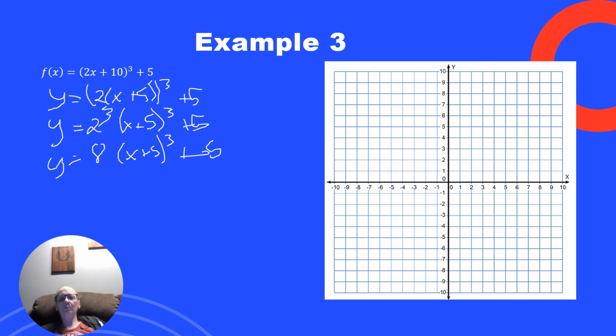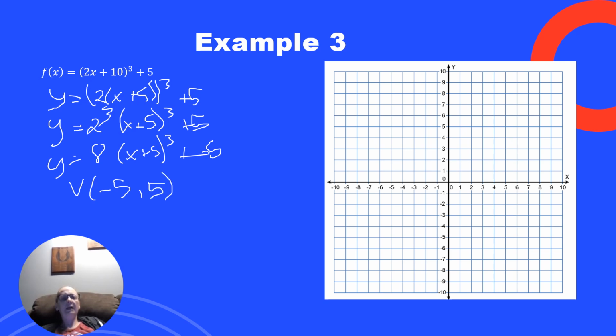All right, but it's a normal graph, so that means it goes up to the right and down to the left. So we're going to start by finding a vertex, as we always do. Our vertex is what makes the inside of the parentheses 0, which is negative 5. And then outside the parentheses is just 5.